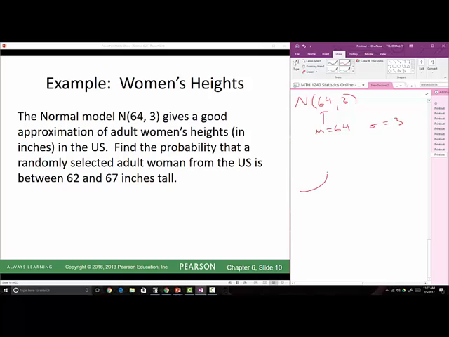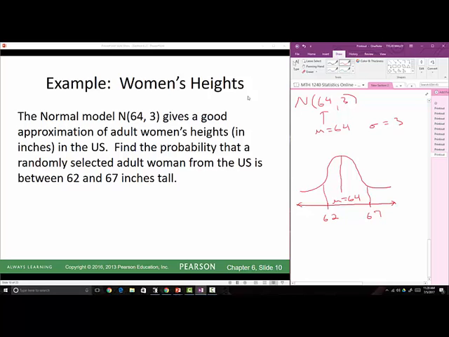To draw this, we have a normal distribution. Here we have a mean of 64, and I want to find the probability of someone being in between 62 and 67.